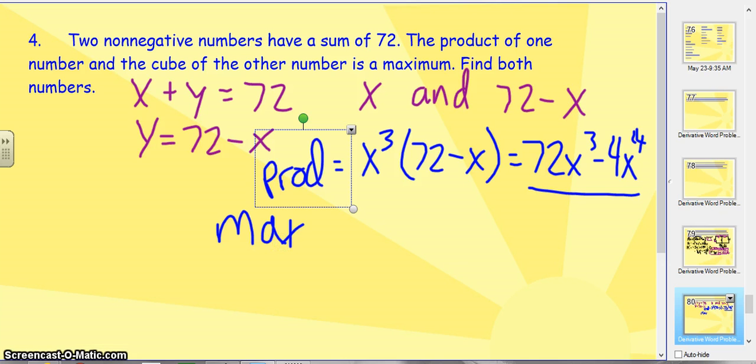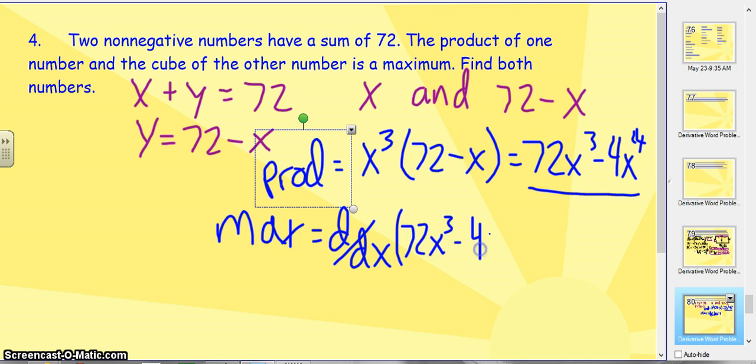I need the derivative. Oh, there shouldn't be a 4 there, huh? Okay, that looks better. Sorry, I don't know why I put the 4 there.